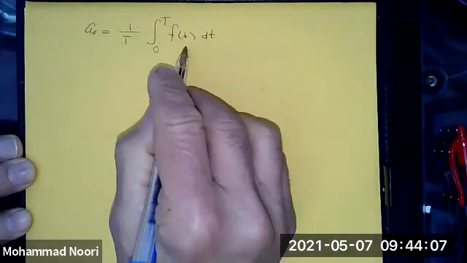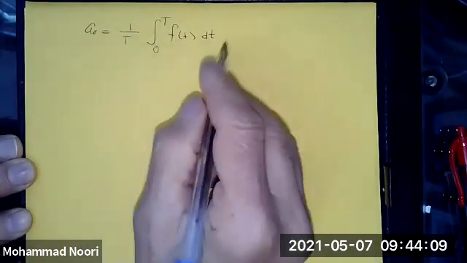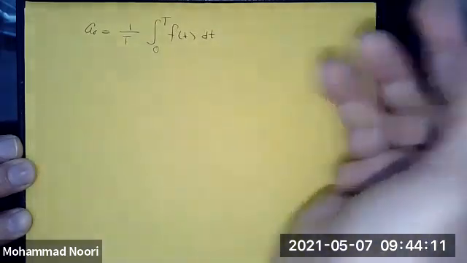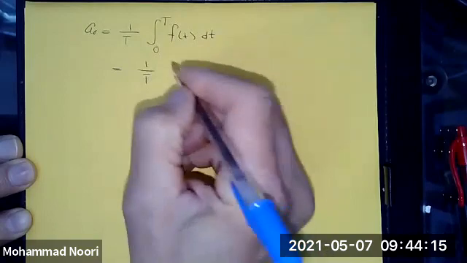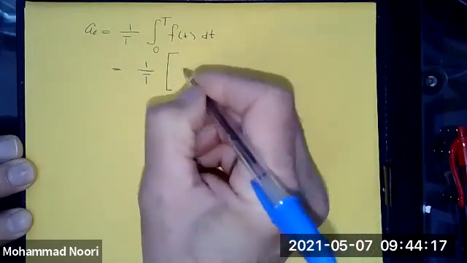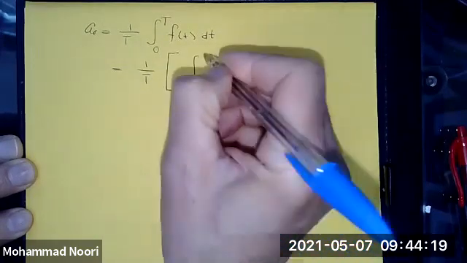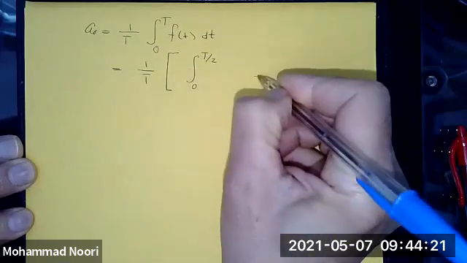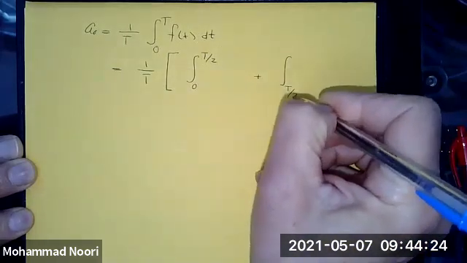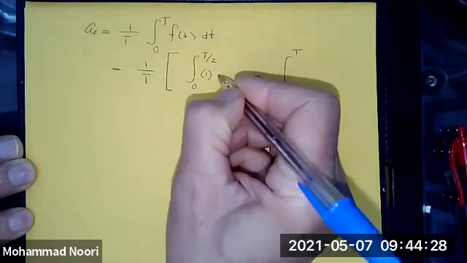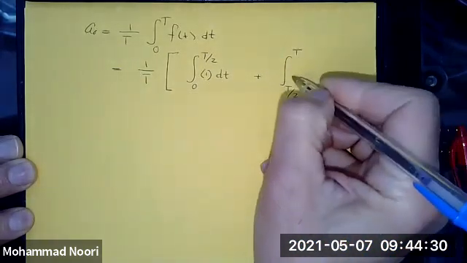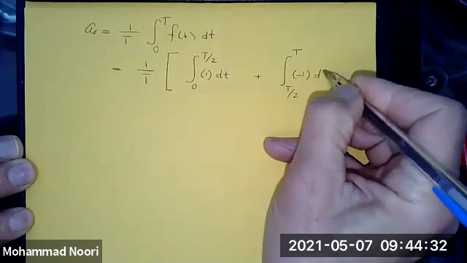So we'll substitute for f of t. F of t is discontinuous, it is changing, so the integral should be divided into 2 integrals: from 0 to T over half, plus T over half to T. In this domain, the function is 1 dt. Here it is -1 dt.